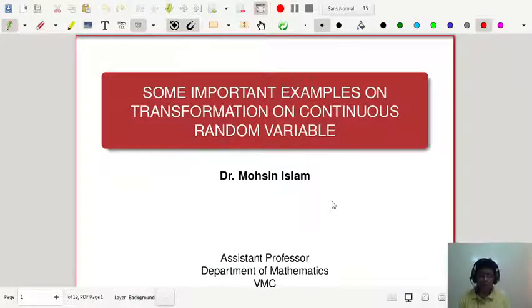We also discussed some geometrical problems, mainly based on the uniform distribution. So today we'll have more important examples on continuous random variables.